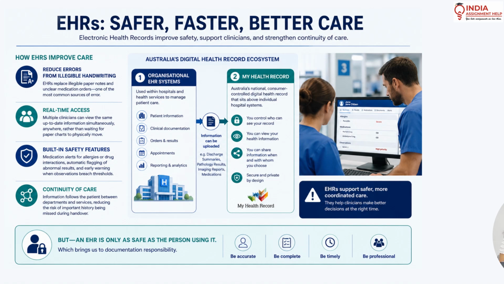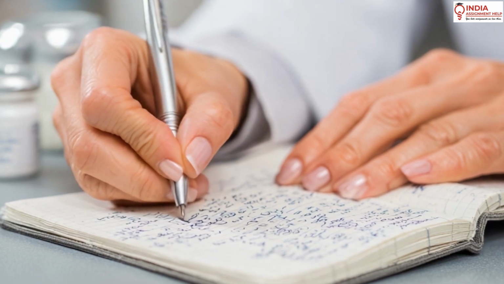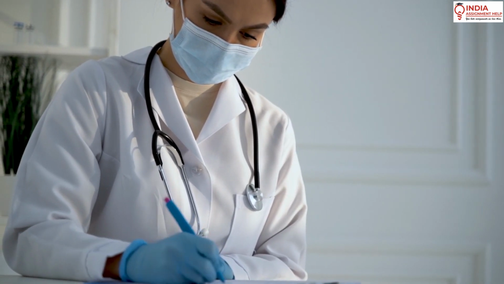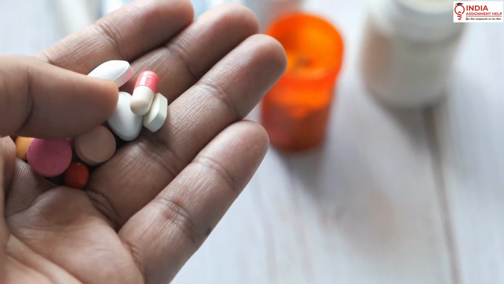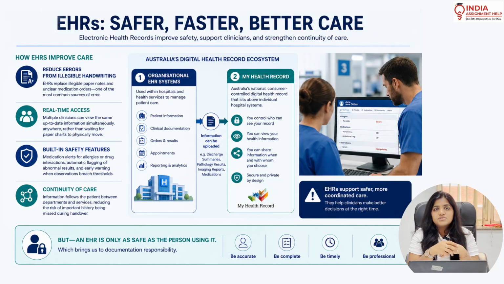Now discussing the next component, which is why EHR matters for patient safety. EHR reduces a lot of errors which may be caused by illegible handwriting, which is a notoriously dangerous problem, because the handwriting may not be understood by one clinician or another, especially for medication orders. The second issue EHR helps in reducing is handover problems.